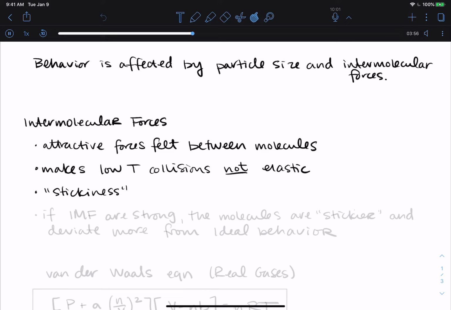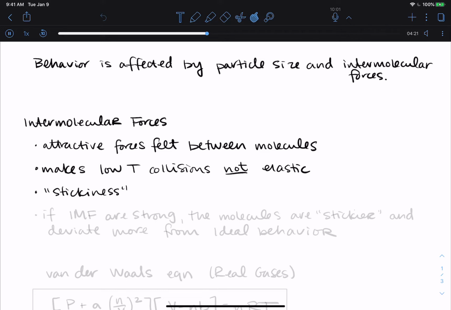If the collisions are not elastic, we lose some energy in that collision, or maybe the particles are kind of sticky and they stick to each other rather than doing that perfect bounce off that we're assuming is happening under ideal conditions. We start to see effects in whatever values we want to calculate, usually pressure or volume.